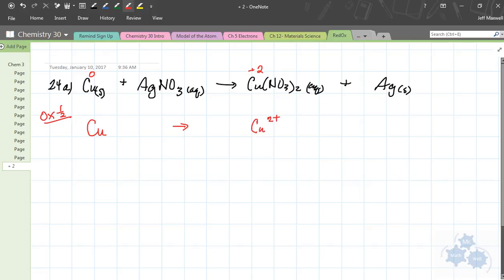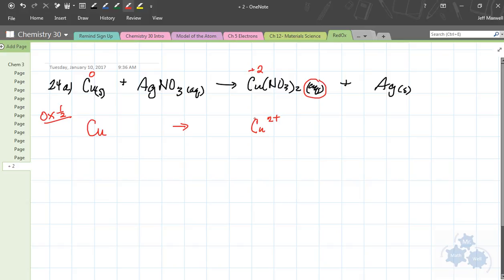Now we can just do the ion. This is a soluble compound, so just do the species itself that's being oxidized. Look, this is aqueous. Remember what that means? It means they're ions dissolved in solution. It's not a solid. So really we have copper ions floating around and nitrate ions floating around, so you do not have to involve the nitrate in this. It's just copper solid to copper ion.